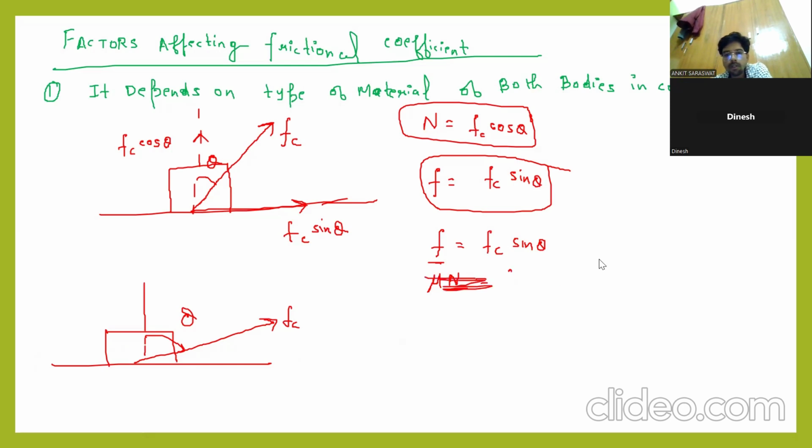I think you are aware. So mu N is less than or equal to FC sin theta. Clear? And this N is what? FC cos theta.